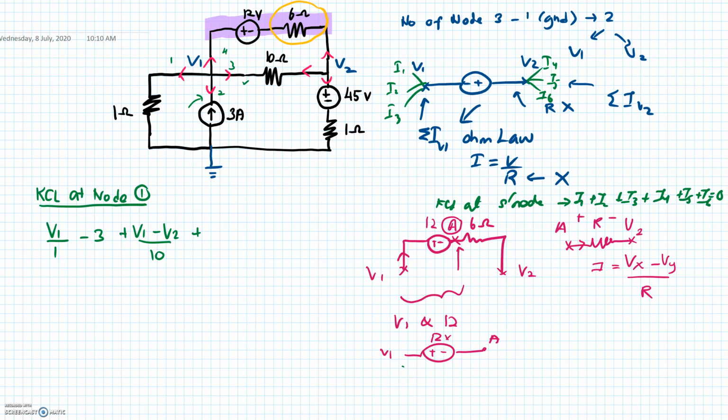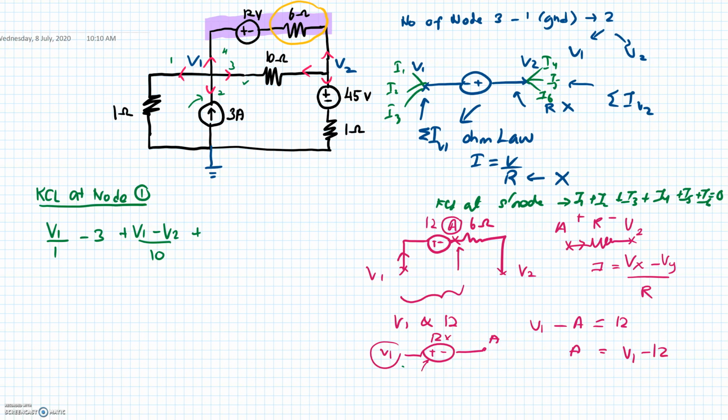In order to know A, the potential voltage is equal to positive minus negative. As you can see, the positive is V1, so V1 minus the potential at the negative side, which is A, is equal to the one in the middle, which is 12. So A here is equal to V1 minus 12.